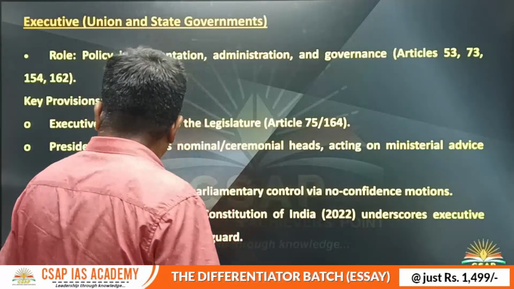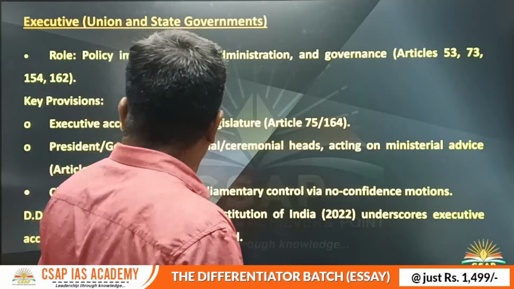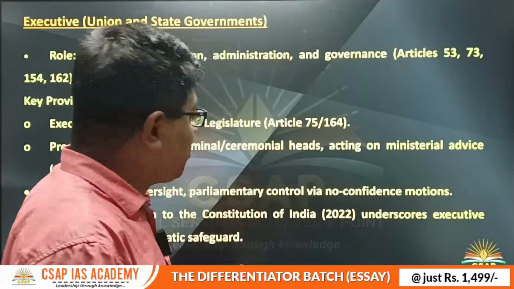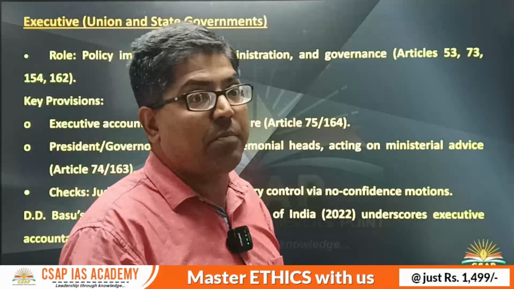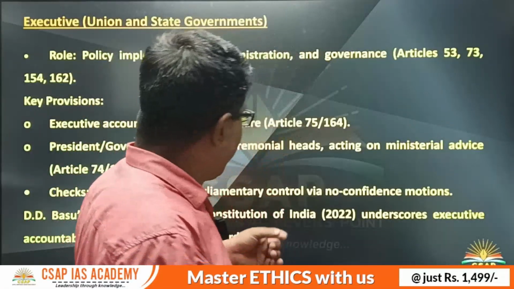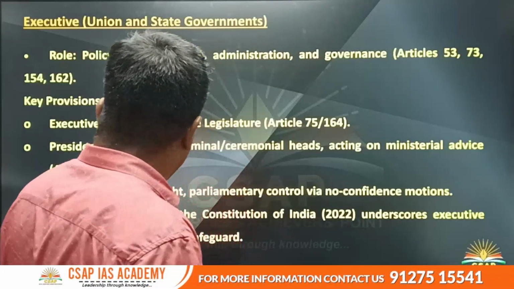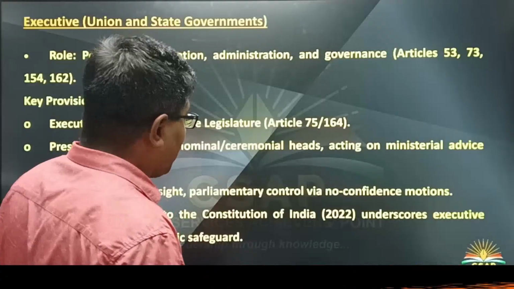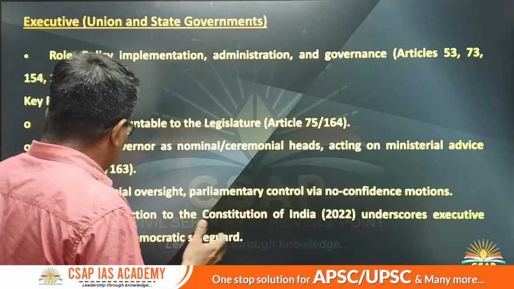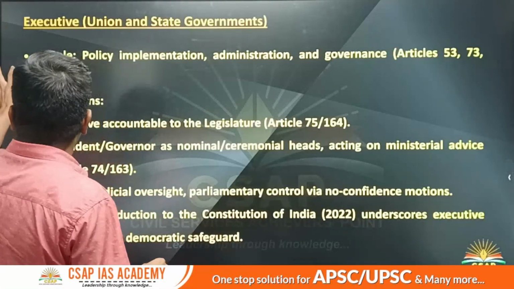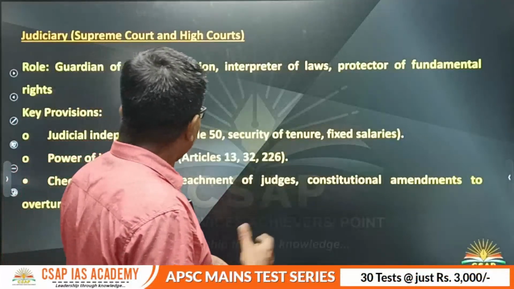D.D. Basu, in his book Introduction to the Indian Constitution, which is a very important book for your GS2, underscores executive accountability as a democratic safeguard. So executive accountability is very important for upholding democracy.